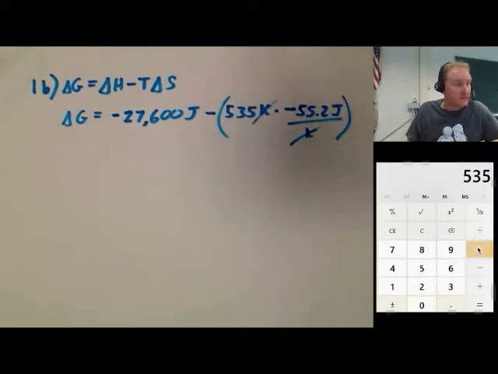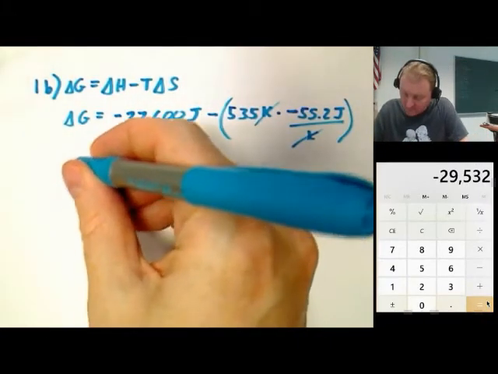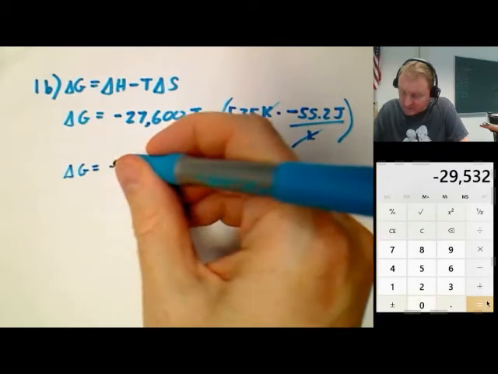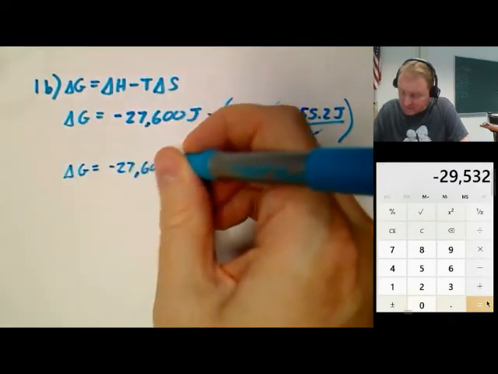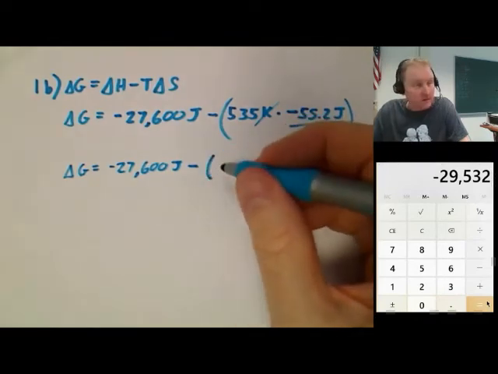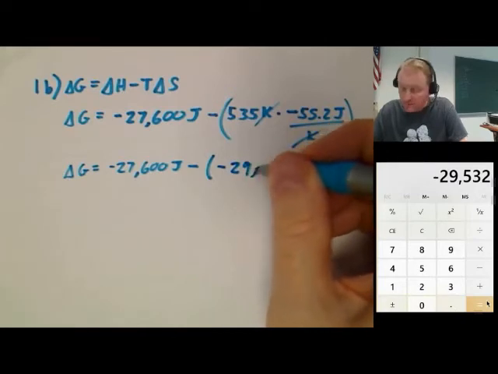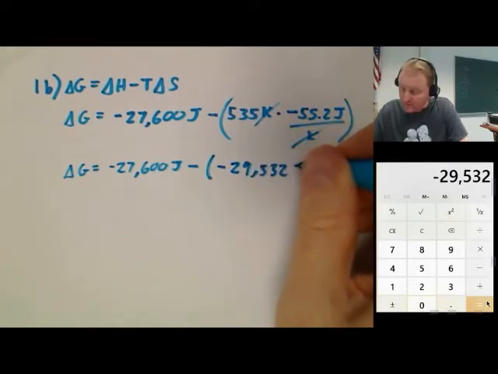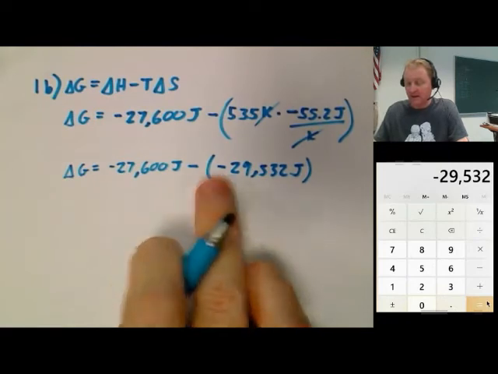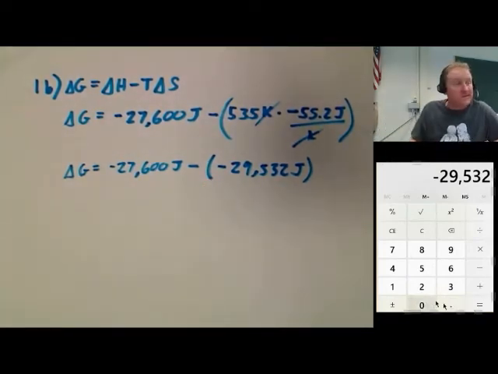535 times 55.2, and that's a negative number. So now we've got our change in free energy is negative 27,600 joules minus negative 29,532 joules, which is a negative minus a negative, which is positive, but I'll just plug it in the way it says on my paper.